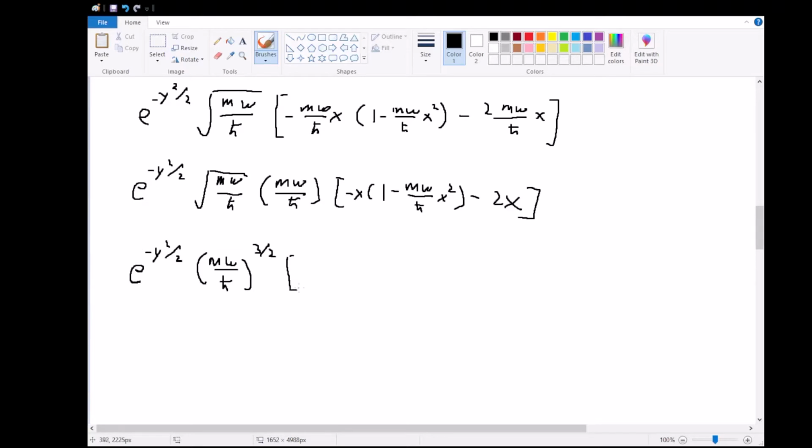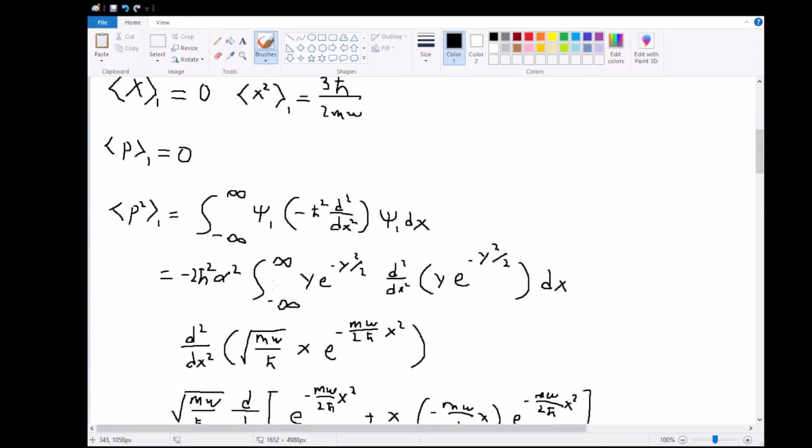And then negative x minus 2x plus m omega over h bar times x cubed, or just condensing these two x terms, this is negative 3x. And now we plug this back in.